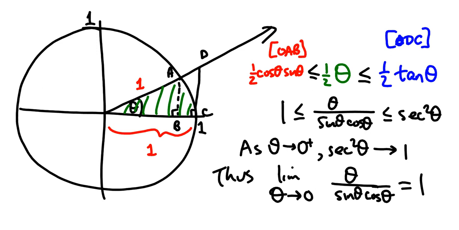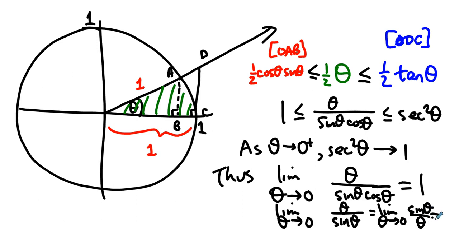Also notice that cosine theta goes to 1. So the limit as theta approaches 0 of theta over sine theta is the limit as theta approaches 0 of sine theta over theta, and both of those are 1.